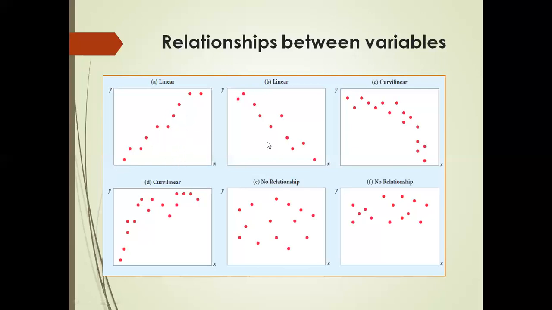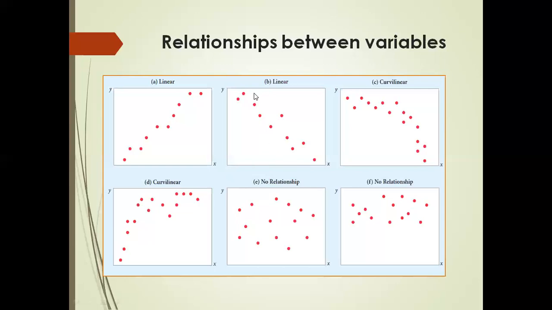Then coming to chart B. What does chart B show? Chart B shows a strong linear relationship between the variables x and y. There are two variables, x and y, and these are the data points. Here it is an inverse relationship; the origin of the x-axis and y-axis starts from here.